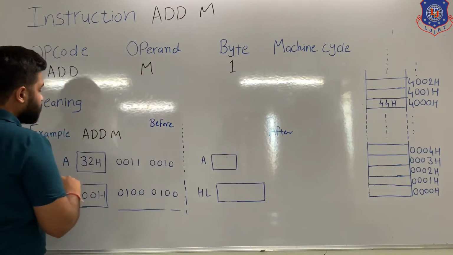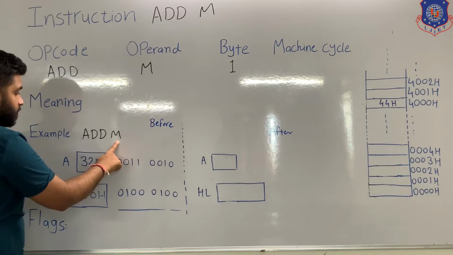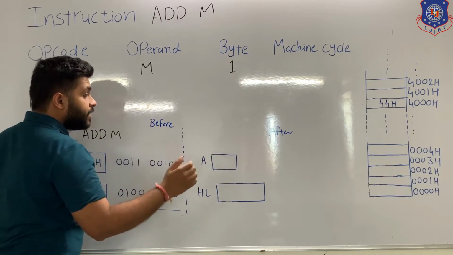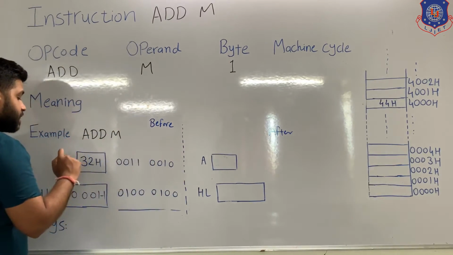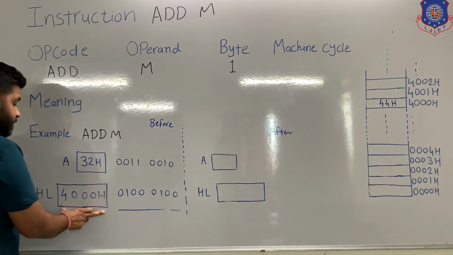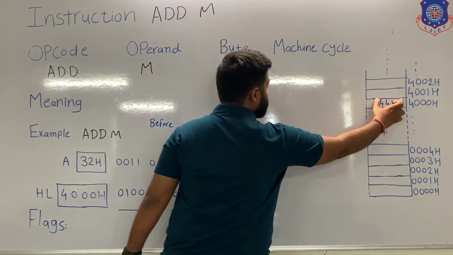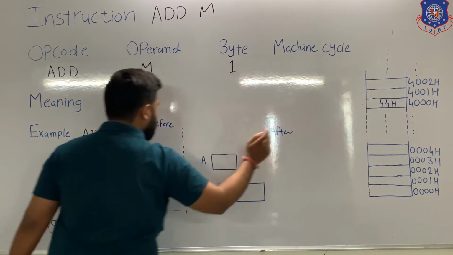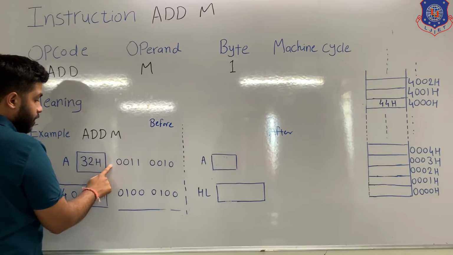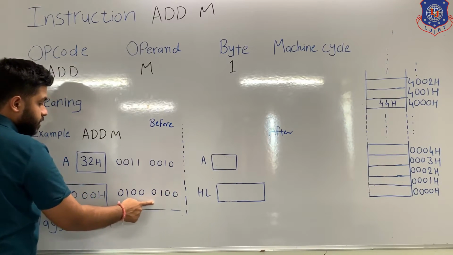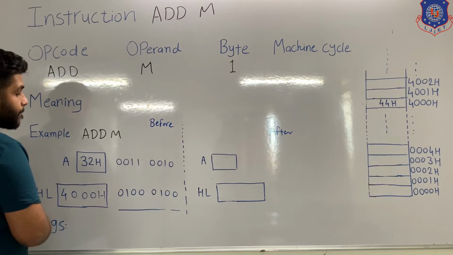So when this instruction is executed, add M, it means add content of memory location specified in HL pair. So in HL pair 4000H, and what is the content of 4000H? That is 44H. So this 44H will be added to accumulator. So I have represented the 44H in the binary.